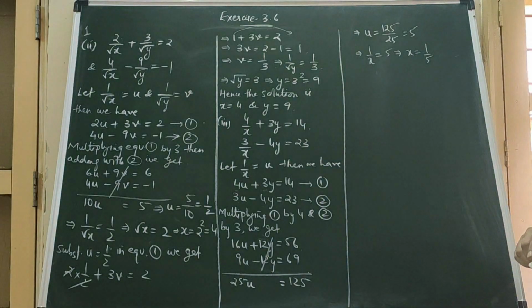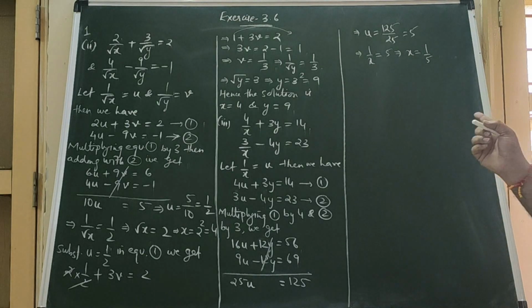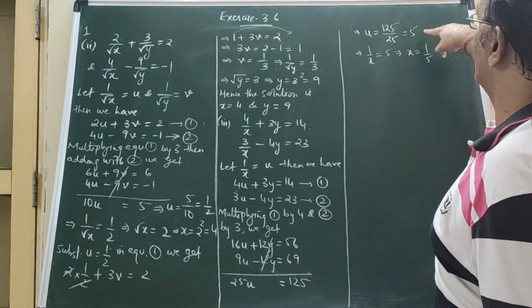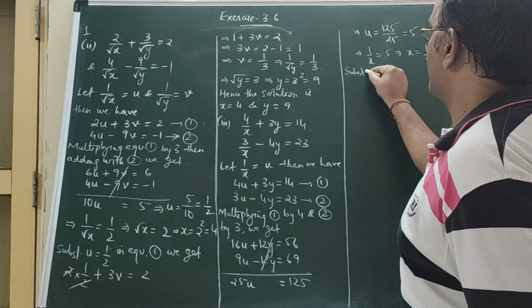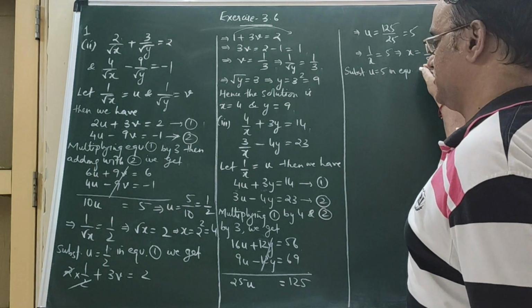Okay, now we are going to substitute the value into any one equation. Or we substitute the value of u, best to substitute u is equal to 5 in equation 1.